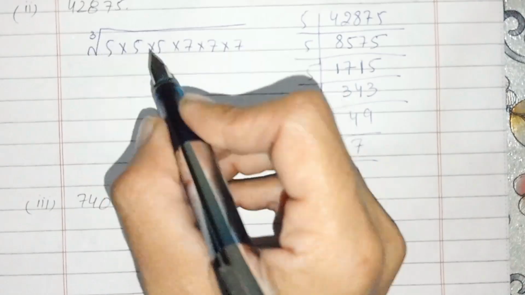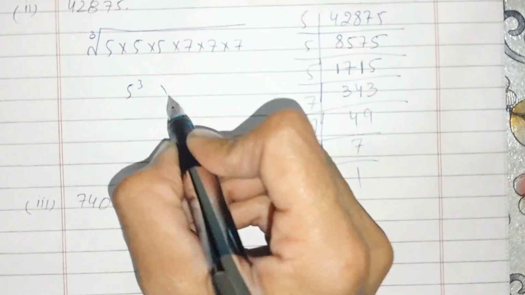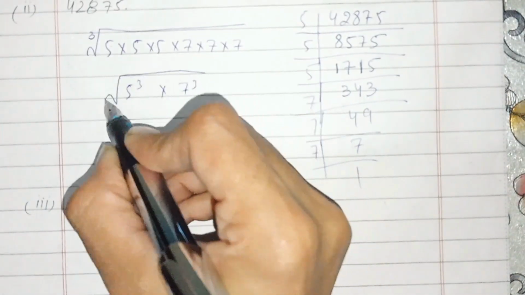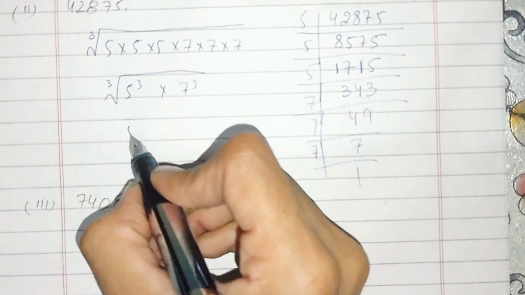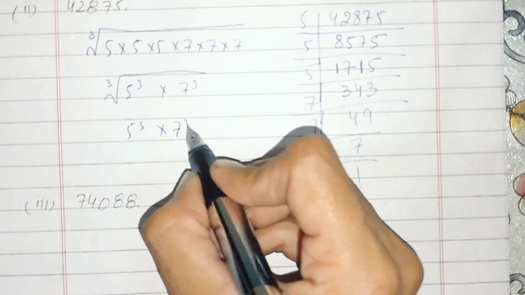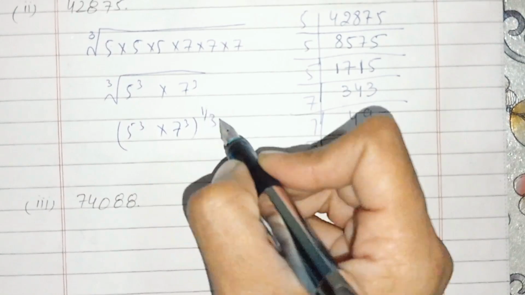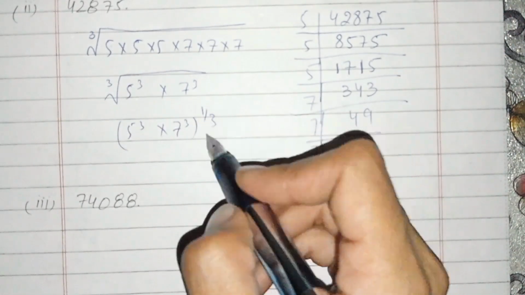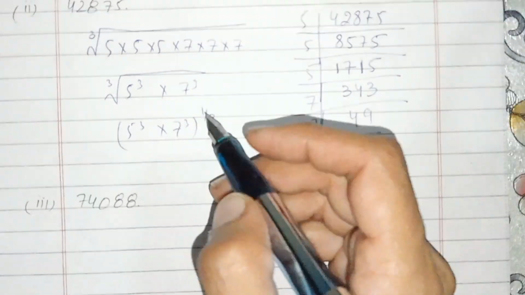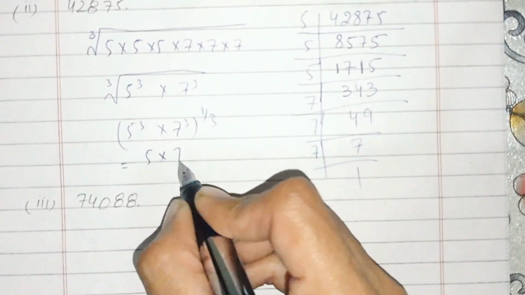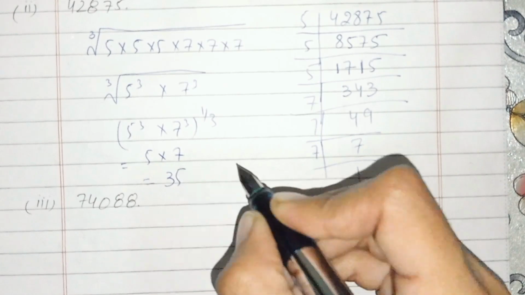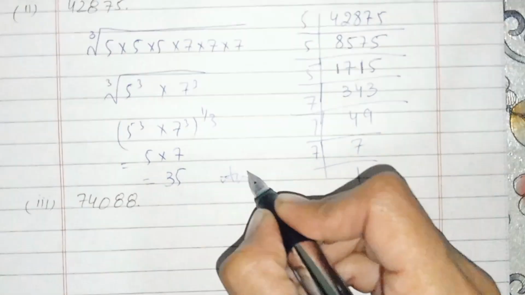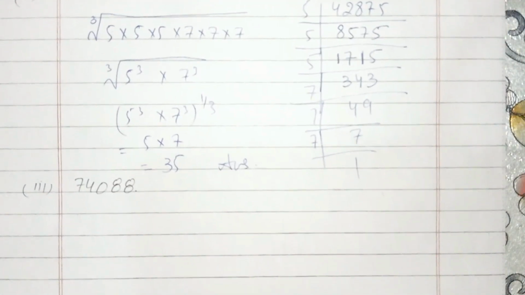We have 5 three times and 7 three times, and we have to write it like that, under the power 1 by 3. Cutting these powers, we get 5 multiplied by 7, and 7 times 5 is 35. And this is the answer of part number 2.